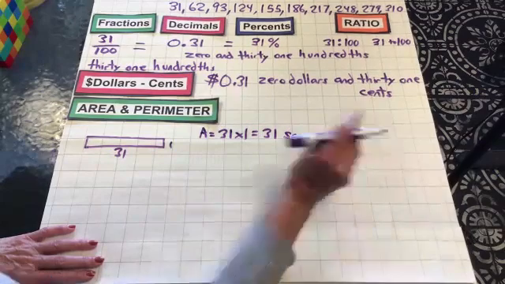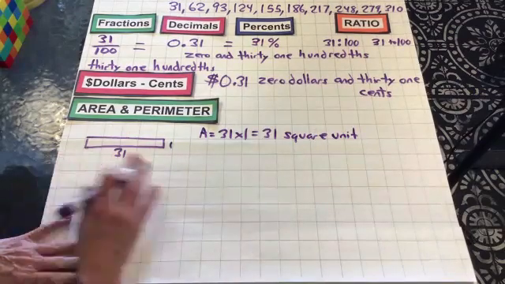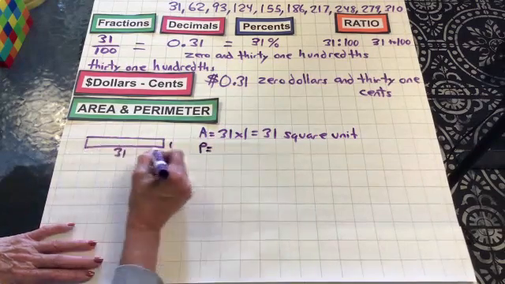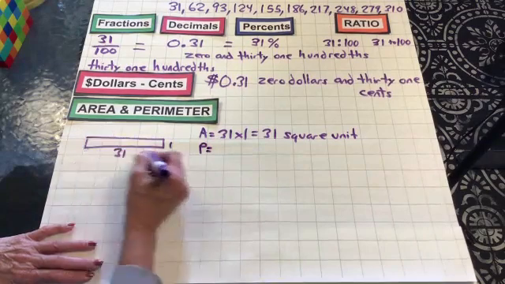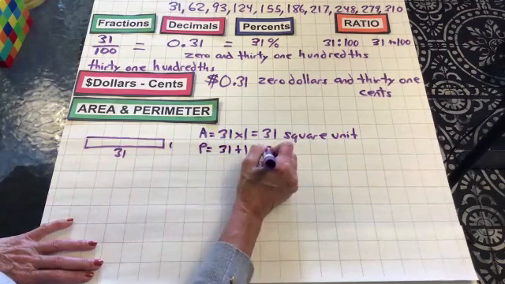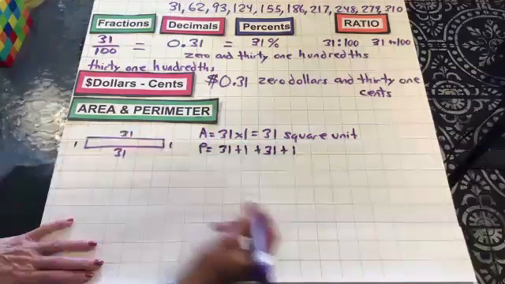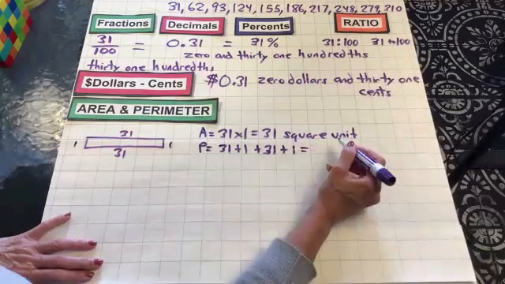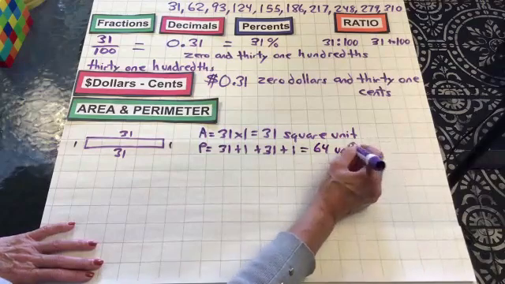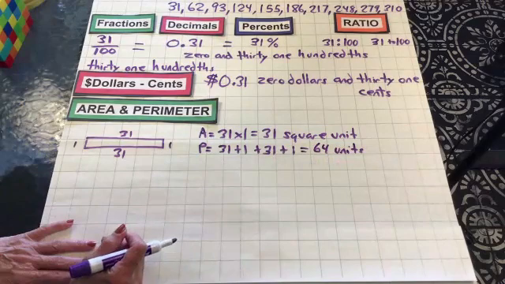So we're just talking about a flat surface. That's an area. The perimeter would be the line on the outside. How long is the line on the outside? It is 31 plus 1 plus 31 plus 1. And that would be 64 units. And we just write units because it's not square, it's not cubed, it's just linear.